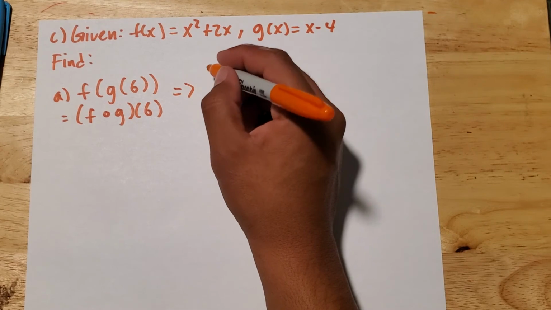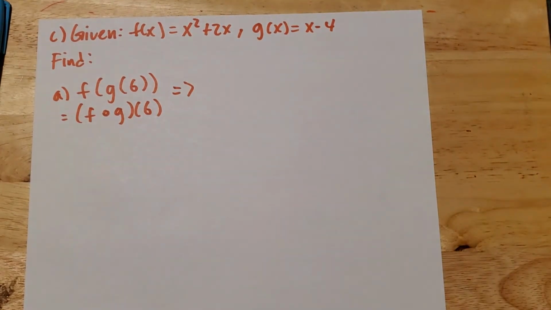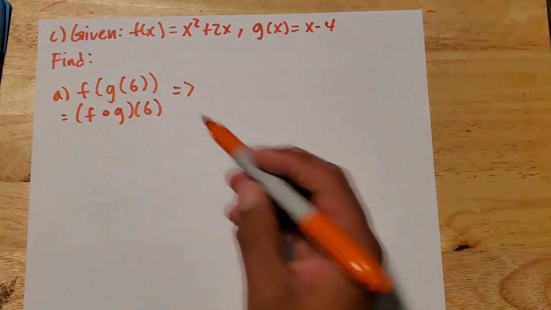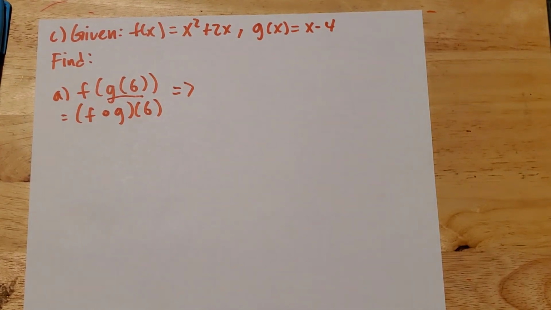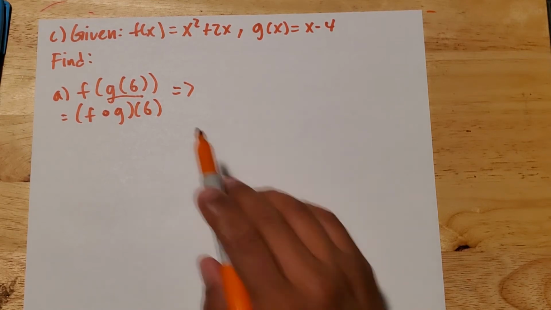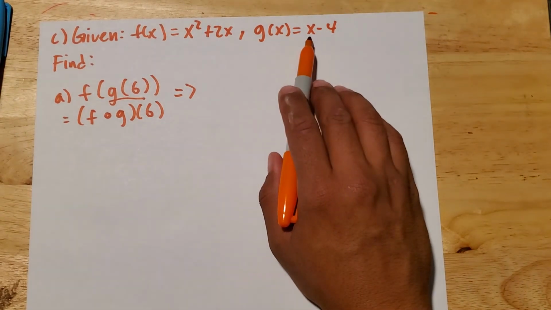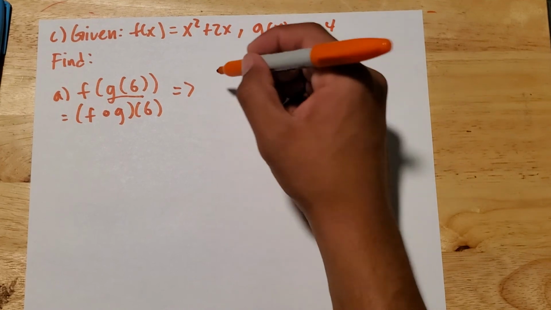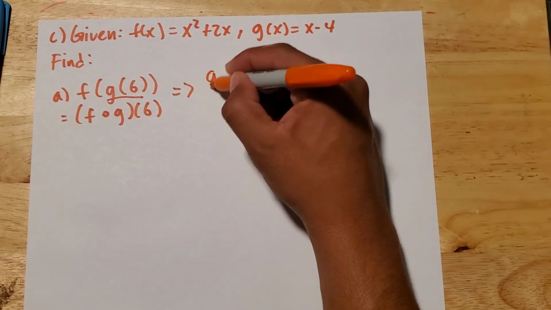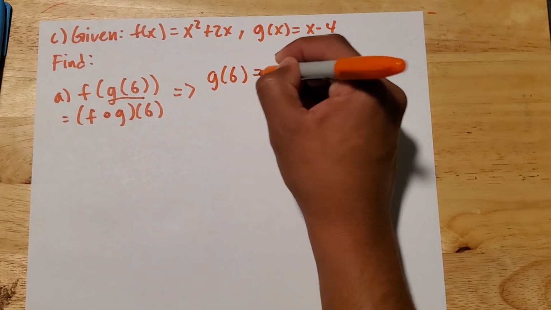So there are 2 ways to approach this. You can try to plug it all in at one try, meaning I'm going to plug the 6 into this x, and then plug it all in. Or you can try to find what g of 6 is.